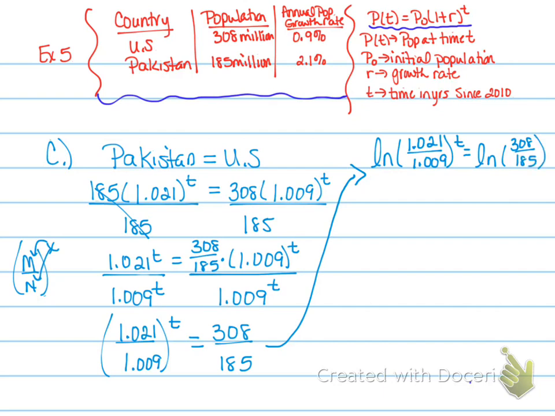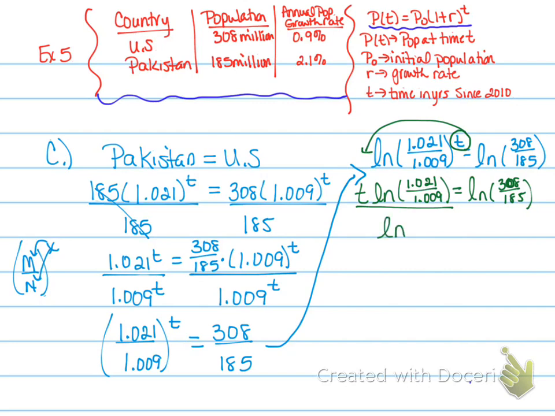Then we're going to use the power rule, so we're going to take this t and move it in front of its log. So t times the natural log of this equals, and we're not going to change this other side, and then solve for t. So we're going to divide by that natural log of 1.021 over 1.009.